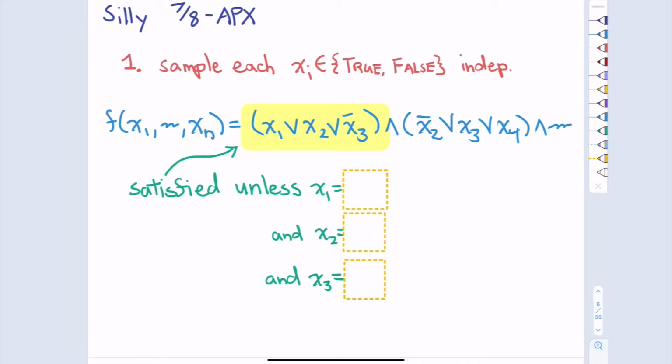So let's look at a particular clause, right? Here, x1 or x2 or not x3. If I flip coins for all 3 of those variables, I'm hoping to satisfy the clause. So I'm going to satisfy this clause unless x1 and x2 and x3 are particular values, which I've left blank.